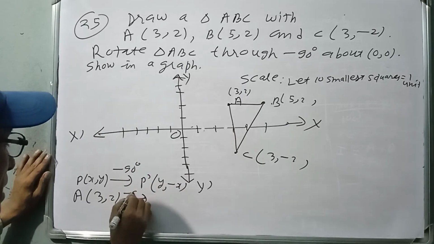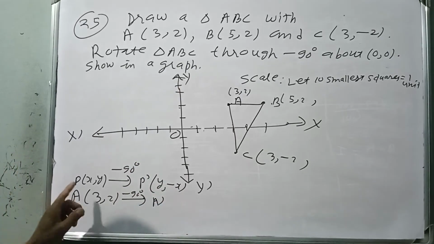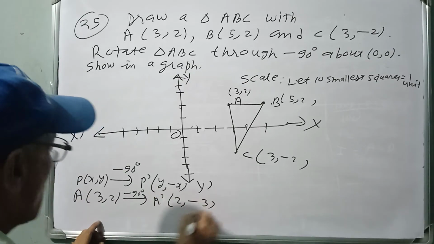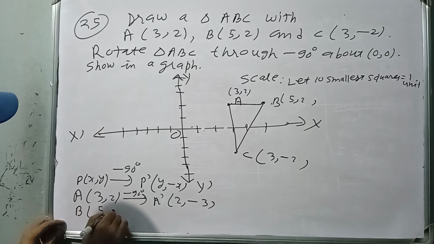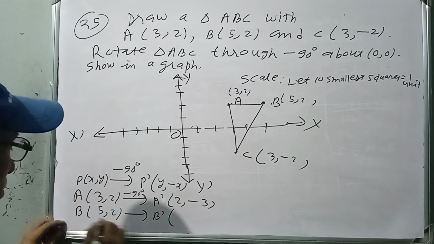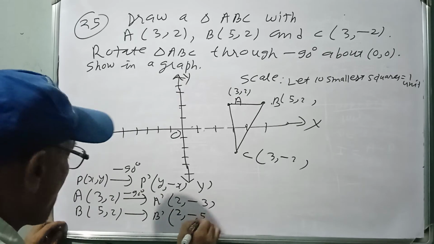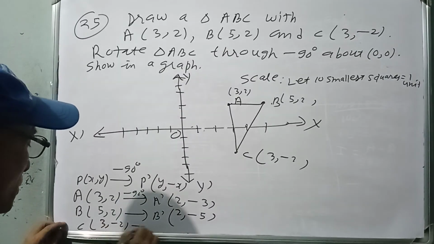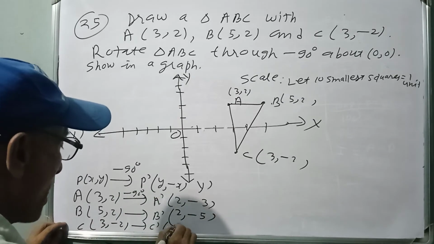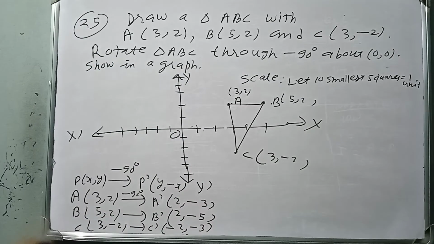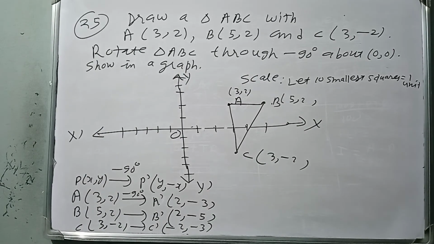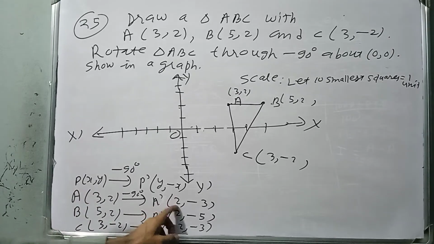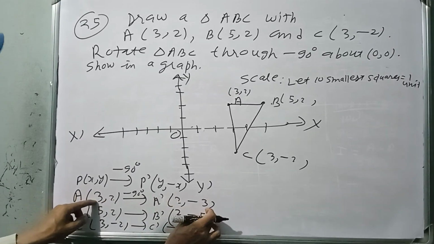According to this minus 90 degree, A'(y,-x), A'(2,-3). B(5,2) is B'(2,-5). C(3,-2) becomes C'(-2,-3). अब यसलाई प्लट गर्ने. (x,y) to (y,-x) हुन्छ.